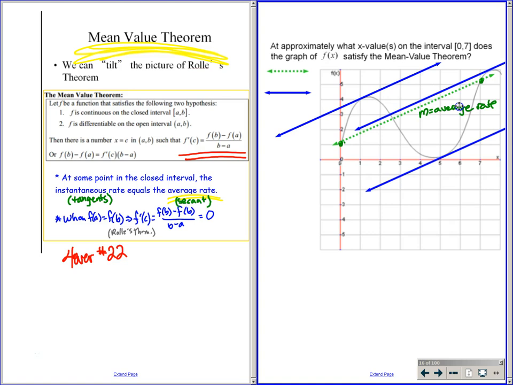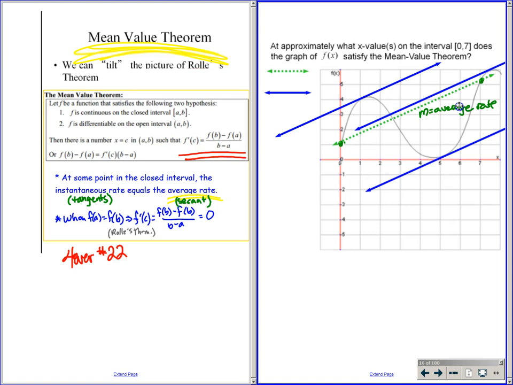Will only be realized 3 times. Now, we might not know exactly where they are unless we have some sort of equations. And we're going to be dealing with equations in a second where we will be solving precisely for what x is, for where these will occur. But graphically, you can tell how many times this will happen even if you don't have all the specific information.